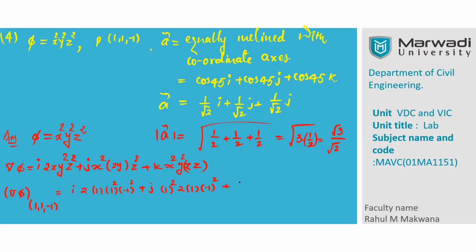I am putting x y z as 1, 1 and minus 1 respectively, nothing else. Okay, so it is 2i, then plus 2j and negative of 2k. This is gradient phi at the point.